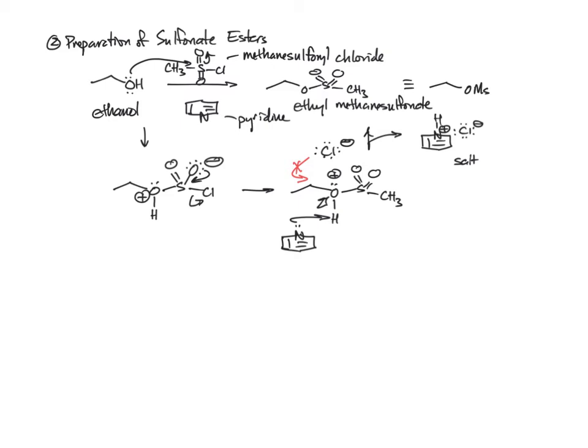reagent here. There are other variants of these sulfonate esters that you'll need to be familiar with. So what I'll do is I'll write down, say, a table of reagents. So I'm a fan of using tables anytime you can, so you can sort of see the trends. Trends are important. So another sulfonyl chloride.